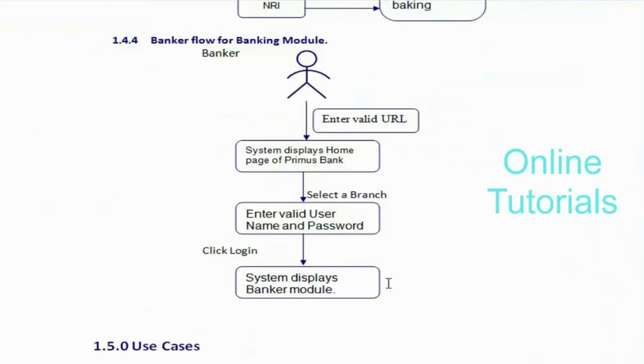Okay, here where you stop. 4 scenarios you have identified in this page, right? I can only see 3: one navigation, second banker login, and third customer login. And one more thing is there, banker login also. The admin can log in from this section by using username and password.